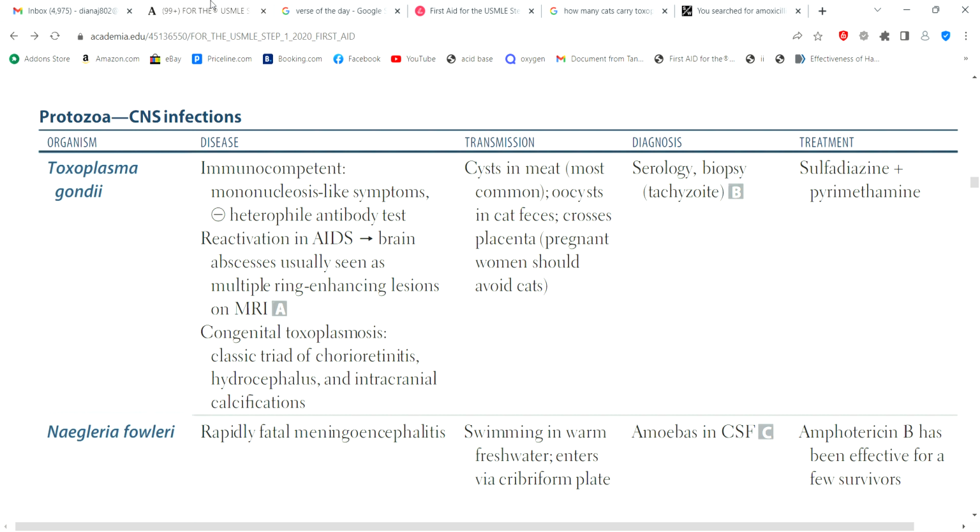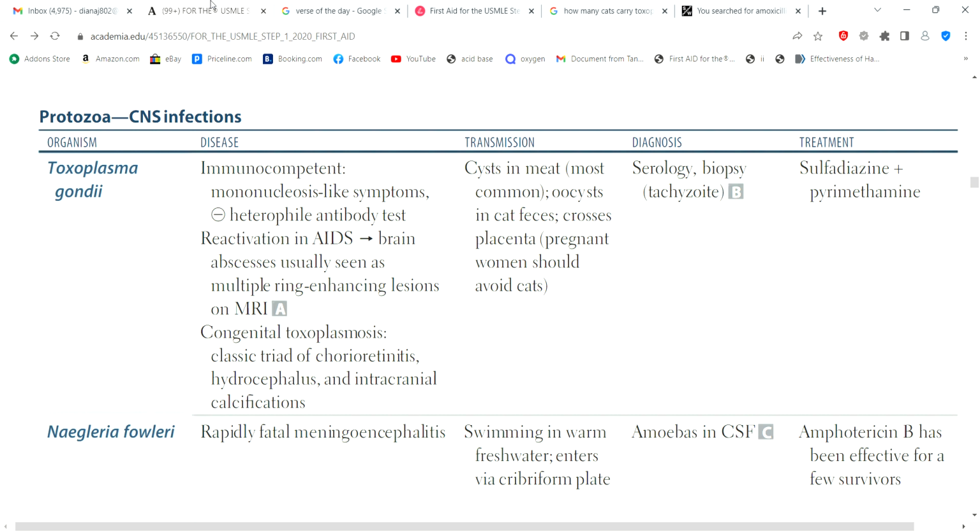Let's see. So toxoplasmosis is diagnosed by serology. You biopsy the tissue and you see tachyzoites, which we showed earlier. Okay, and the treatment is sulfadiazine and pyrimethamine. Treatment is for active infection. The patient is seropositive for IgG for Toxoplasma gondii, and CD4 count of less than 100.